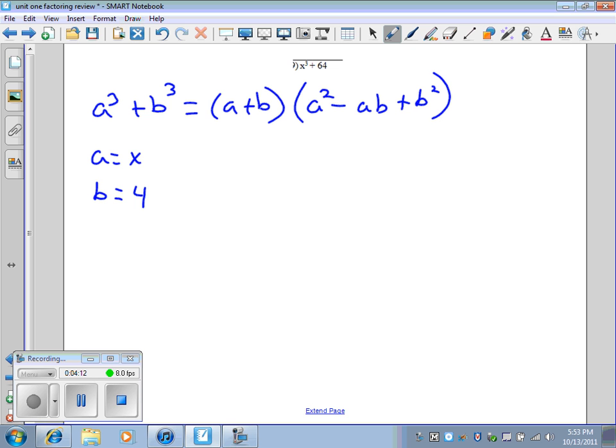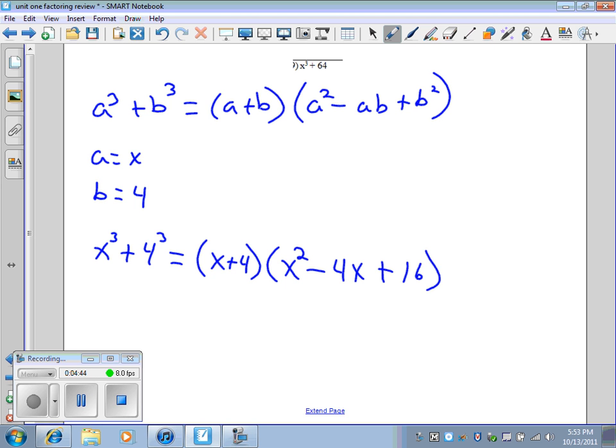So now I can write this as x cubed plus 4 cubed, which is equal to x plus 4 times a squared, which is x squared, minus a times b, which will give me 4x, plus b squared, which is 4 squared, which is 16.